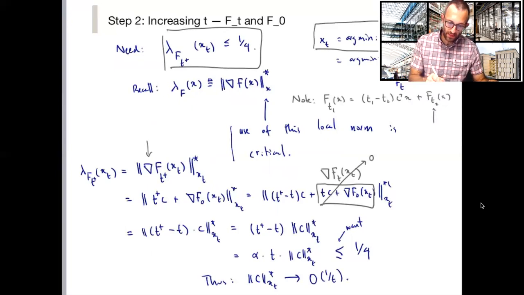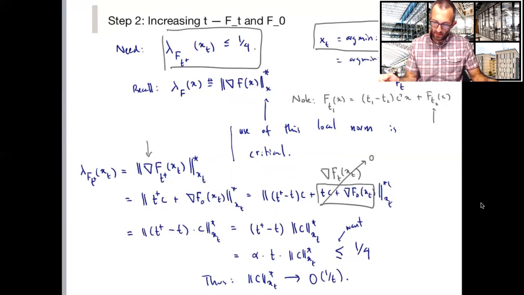I have that lambda of ft plus at xt is just equal to my alpha, which I'm hoping is positive, times t, times the dual local norm of c, and we want that to be less than 1/4.